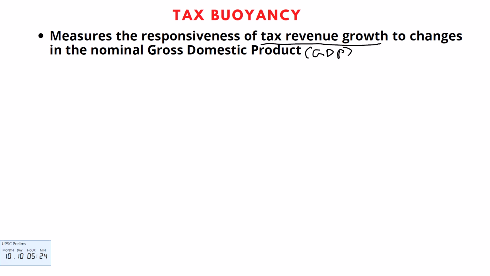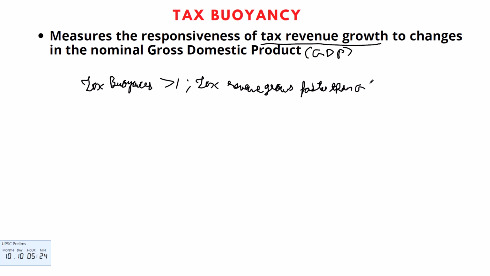Let's say if tax buoyancy is greater than 1, then tax revenue grows faster than the GDP, which brings to the aspect that the nation has an efficient tax system.